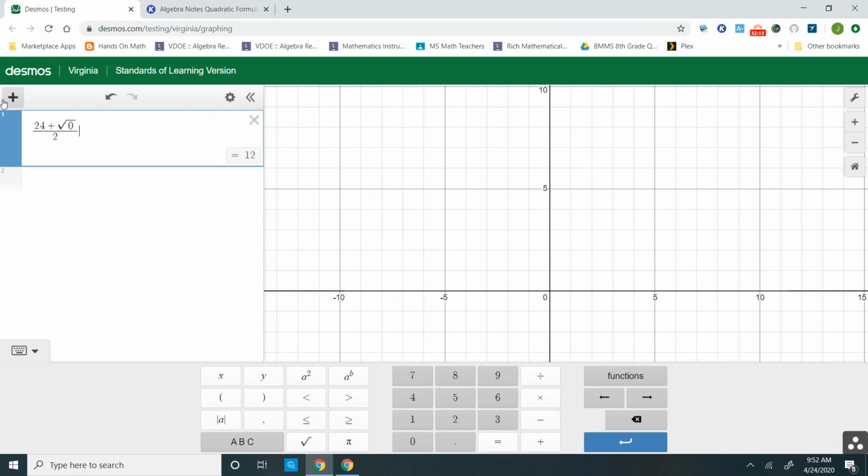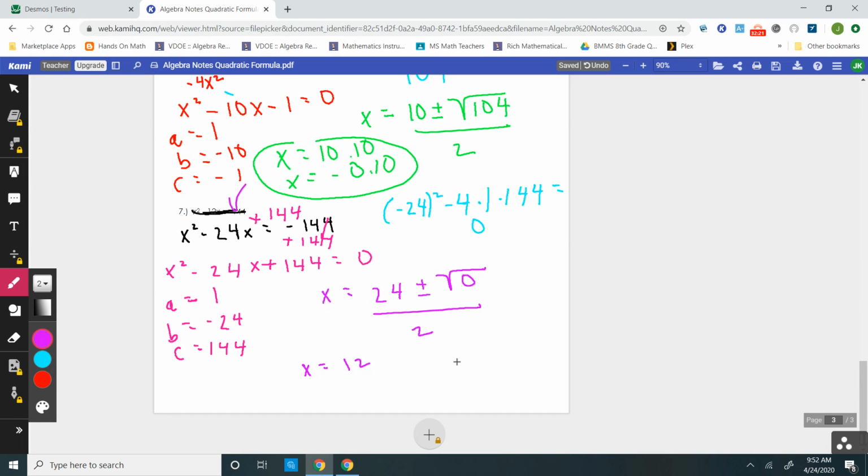Even if you changed this to a minus for the other one, it would still be 12. It wouldn't change anything at all because adding or subtracting the square root of 0 would just stay the same. So for this one, your only root here is 12. That means this is like the double root you learned about before. It would touch and then come right back up, kind of like this here, something like that.